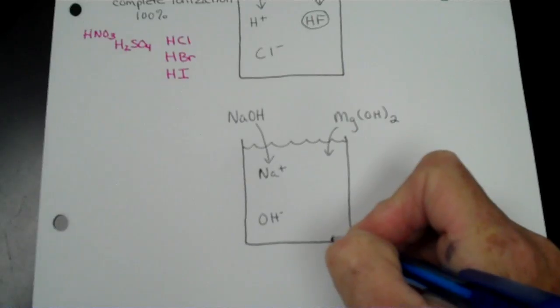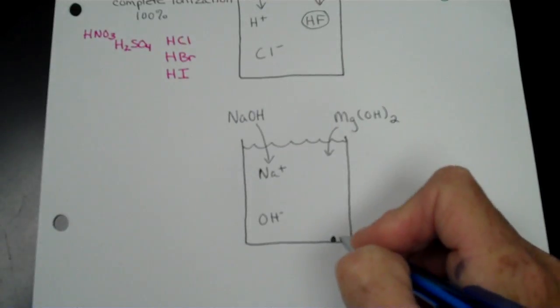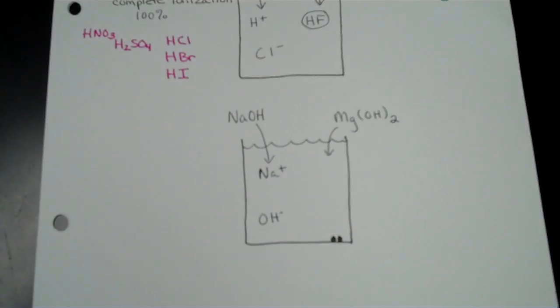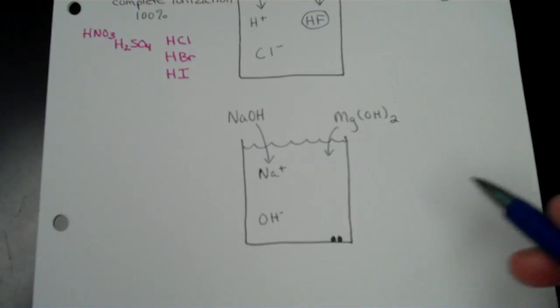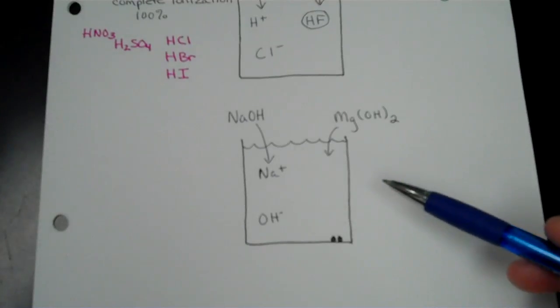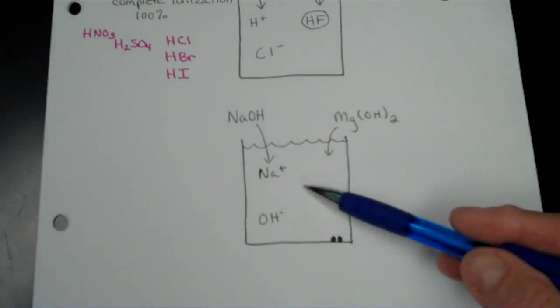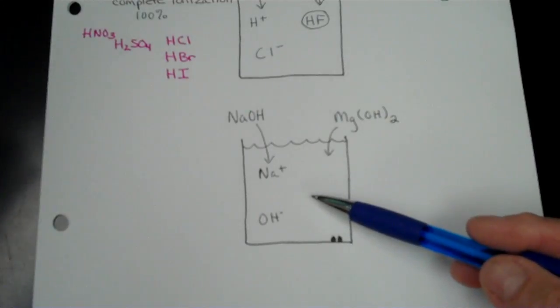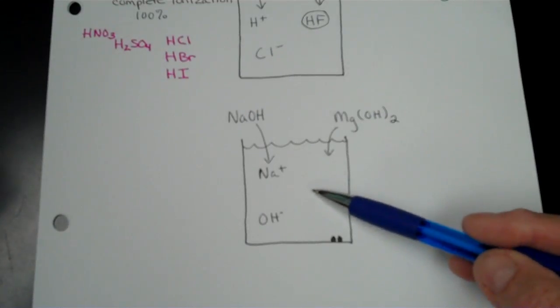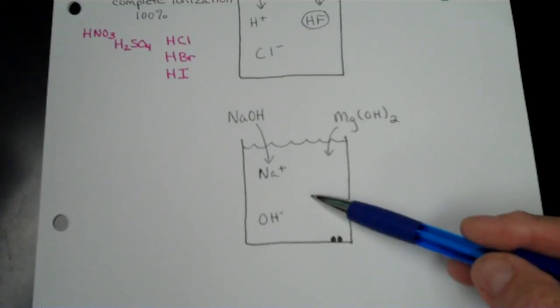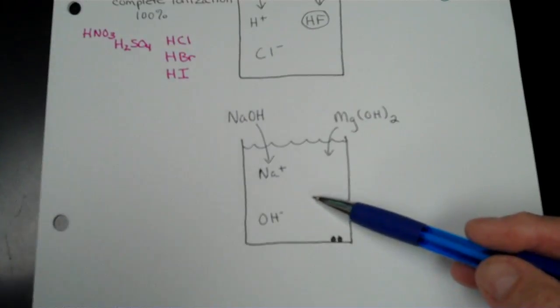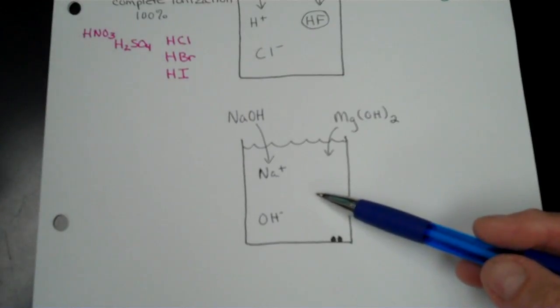Instead, most of the magnesium hydroxide is going to appear on the bottom of our beaker in an undissolved state. If it's not going to dissolve, there's no way it can break up to form ions. It is not going to be in the solution. There will be no flow. There will be no charge. It will be a poor conductor.